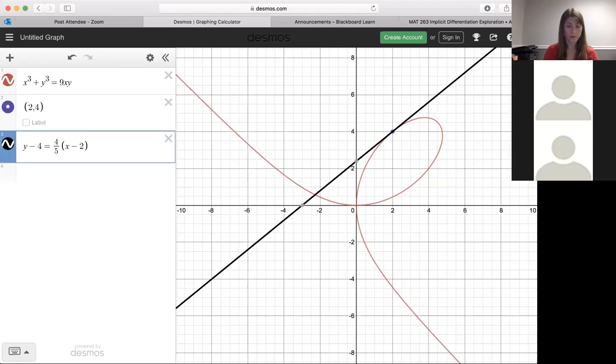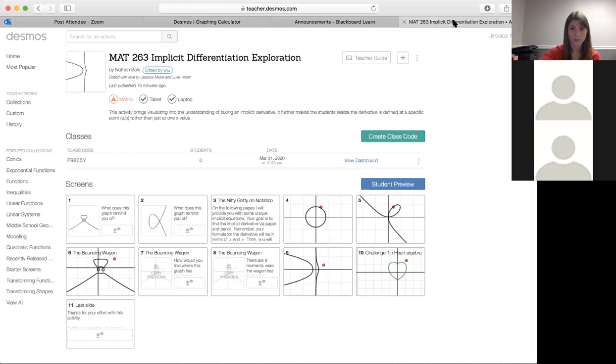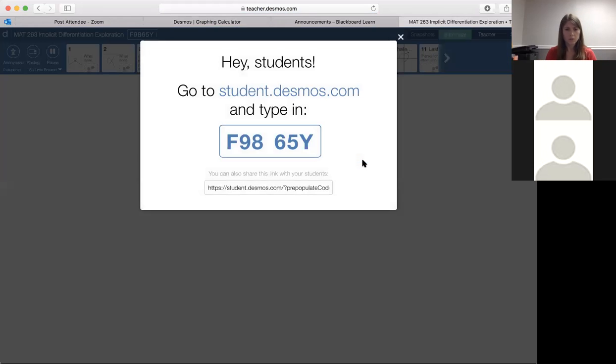Even though it's more work to find the equation of the tangent line, I think these ones are easier to check or more straightforward to check than what I'm getting ready to show you. So what I'm going to do is go ahead and take a look at the way to check the rest of these. And we're going to refer back to some of the ones that we have already done. And what I want you guys to do is go ahead and go to Desmos, student.desmos.com.